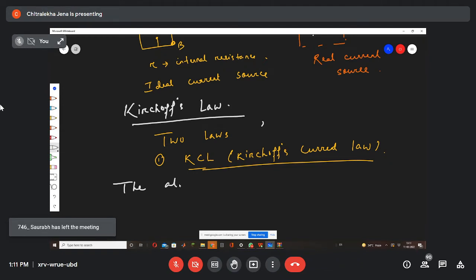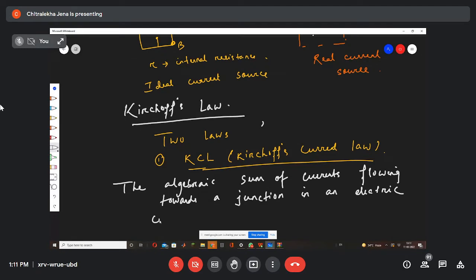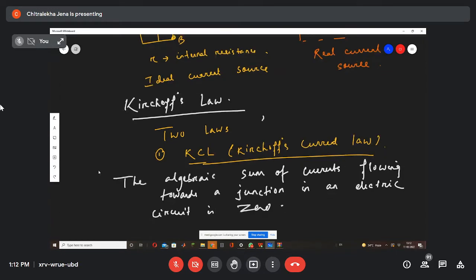The algebraic sum of currents flowing towards a junction in an electric circuit is zero. Is it correct, Ananya?